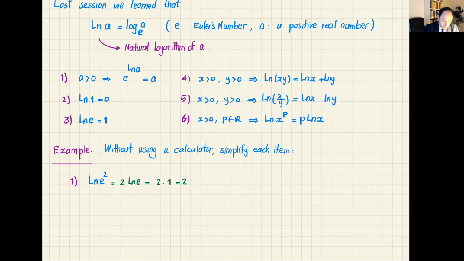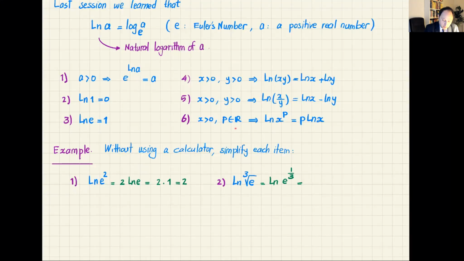Let us do number 2 here to save some space. Number 2, ln of the third root of e. Hopefully you have enough experience to know what to do here. I can write the third root of e as an exponent, e to power one third, and then use the same rule.